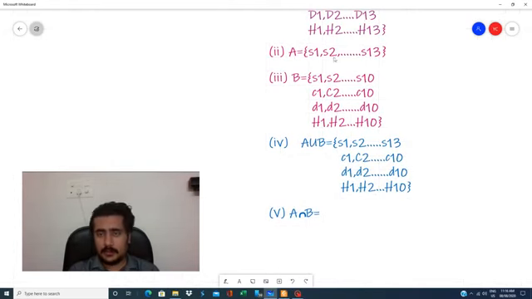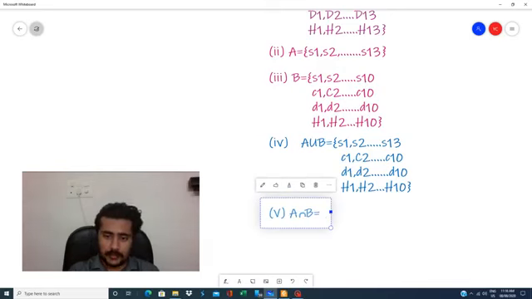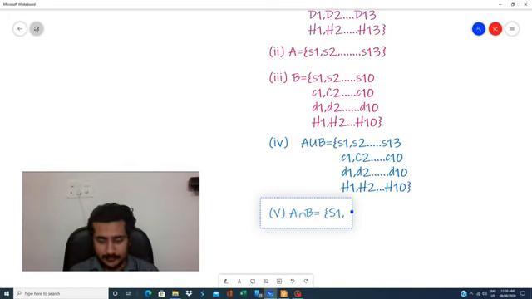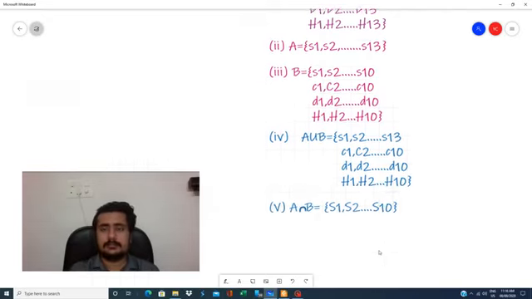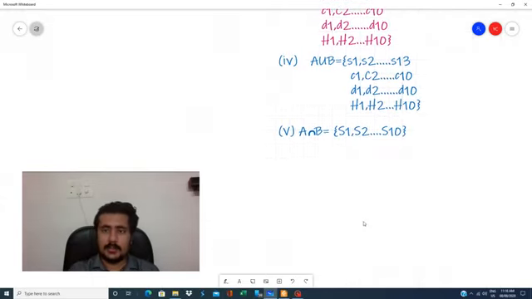So S1 to S10 is the common element. If I want to write the intersection, I will write S1, S2, and it goes up to S10.